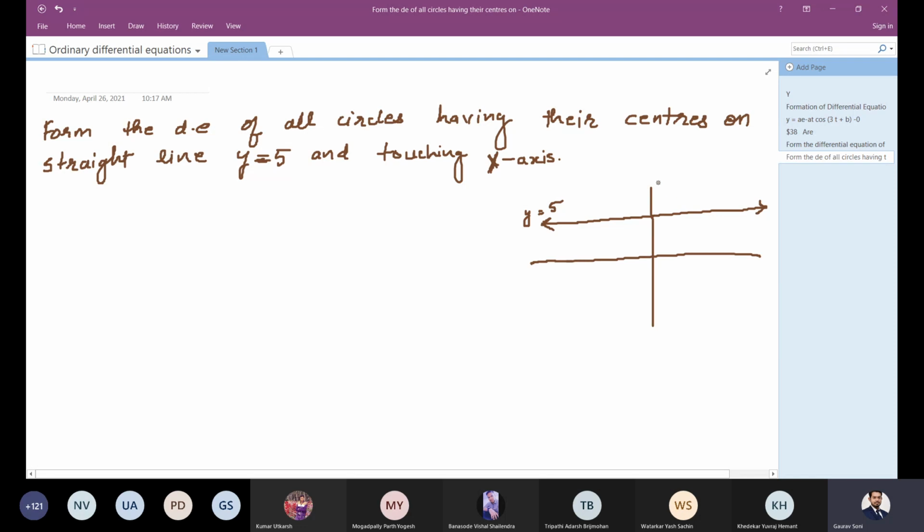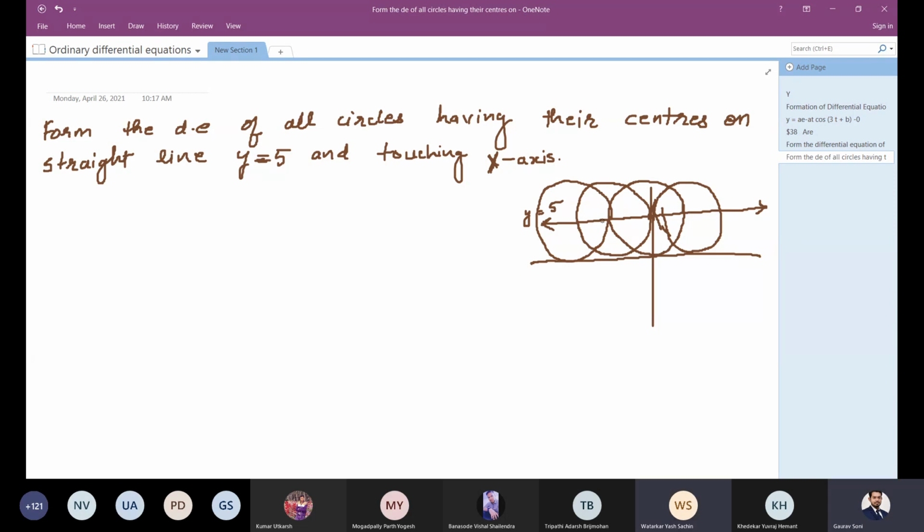Let's make the first circle which is touching the x-axis. What is the radius? 5.